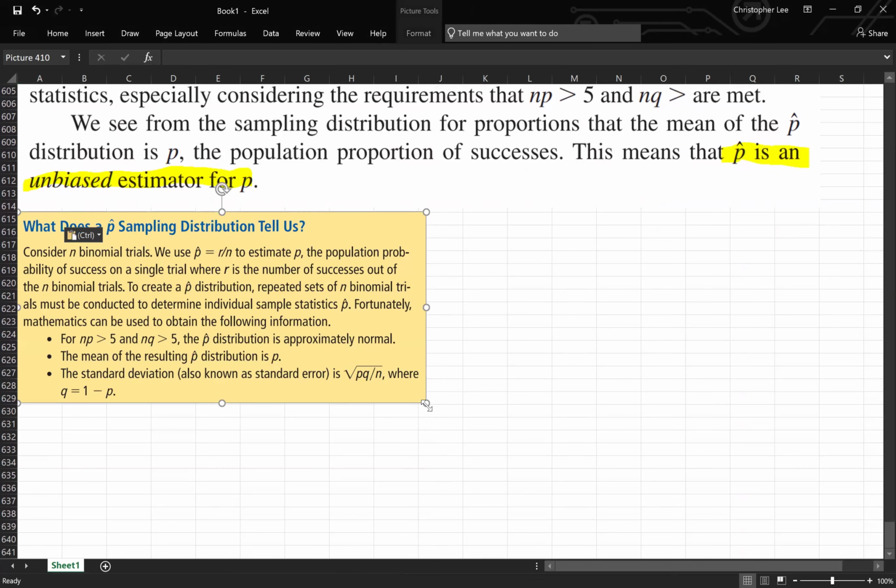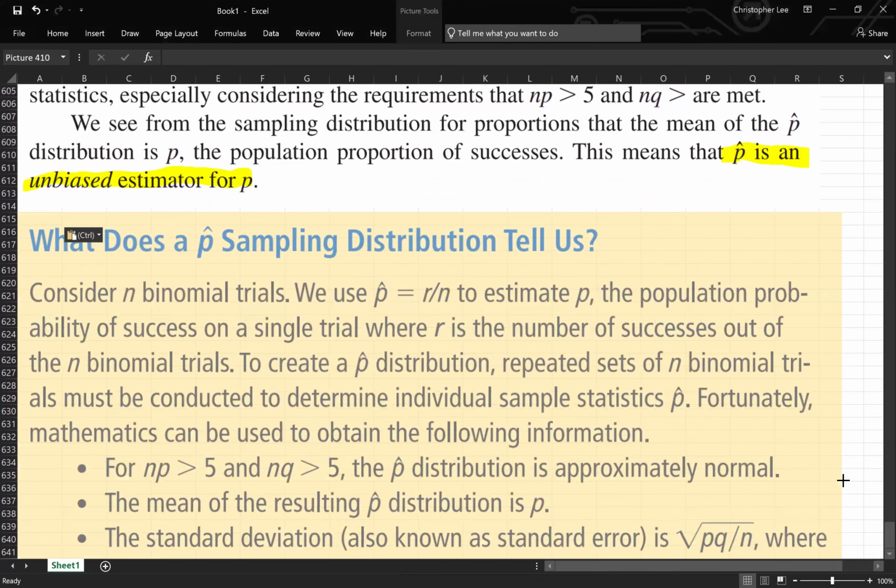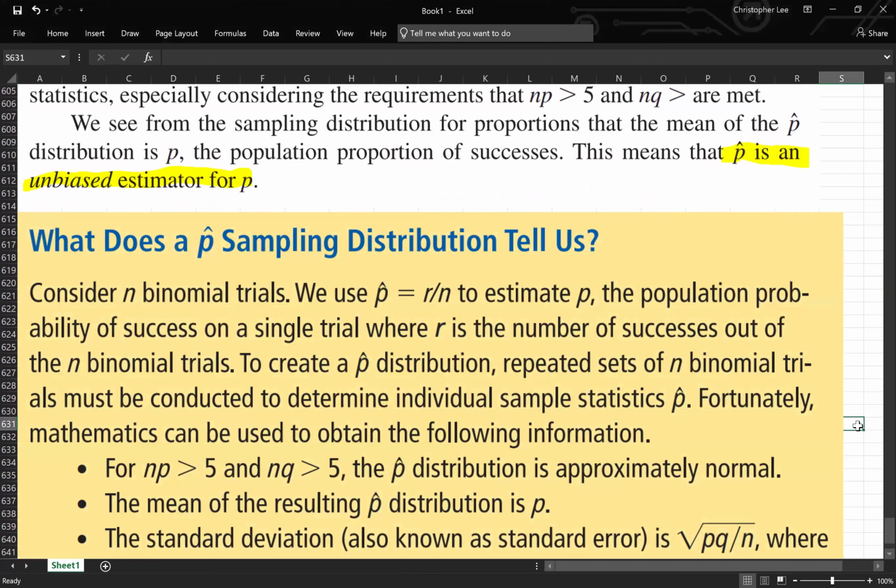So what does the p hat distribution tell us? Let's go over that real quick. Consider n binomial trials. We use p hat equal to r divided by n to estimate our proportion p, the population probability of success on a single trial, where r is our number of successes out of n binomial trials. To create a p hat distribution, repeated sets of n binomial trials must be conducted to determine individual sample statistics p hat.